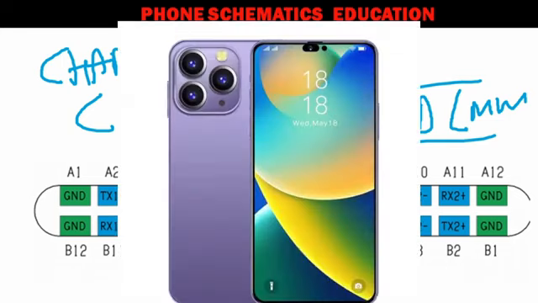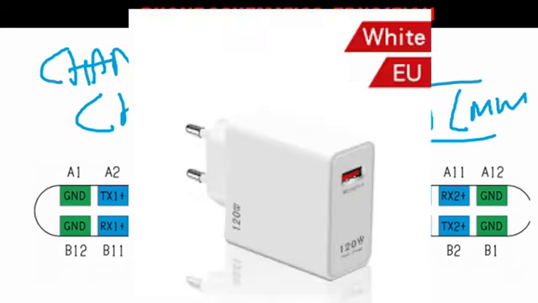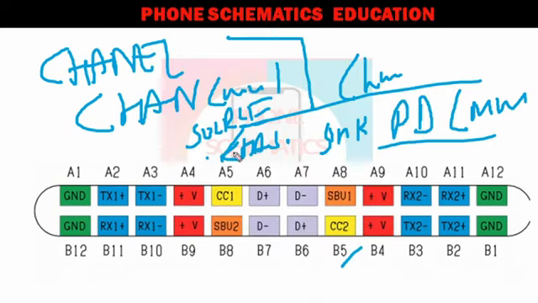Suppose your mobile phone is a sink, and your charger is a source. So through this pin, from source to sink, comes the PD status, power delivery status: how many volts and how many amperes.